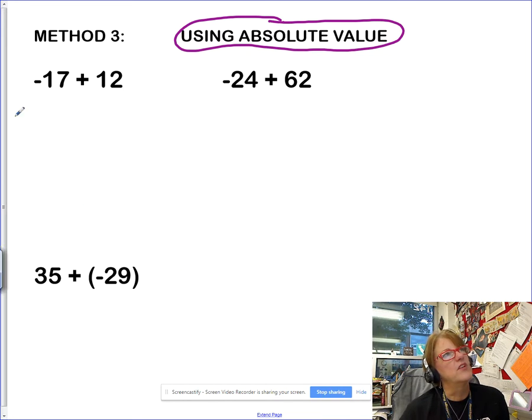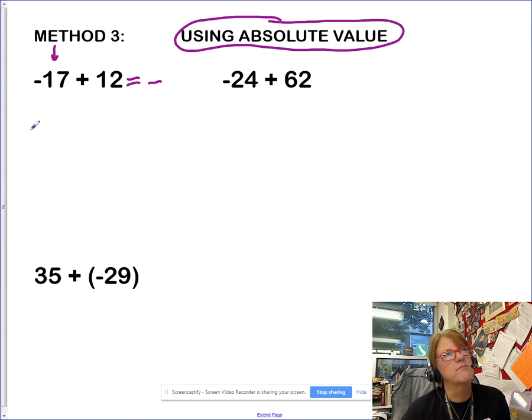When your signs are different, the sign that has the greater absolute value, in other words, whichever number part is more powerful, is the sign of your answer. If I lined up all my negatives and all my positives and made 0 pairs, the negatives are going to win. If we were using a number line, you would go back into negative land, or down, and you'd only come back up 12 and you'd still be in negative land.